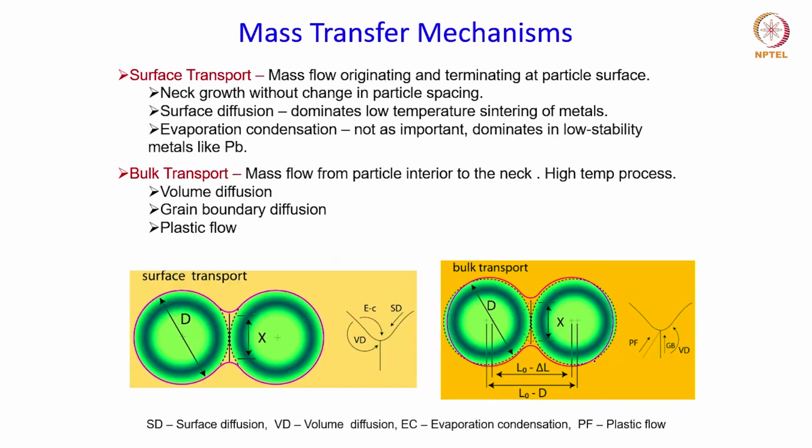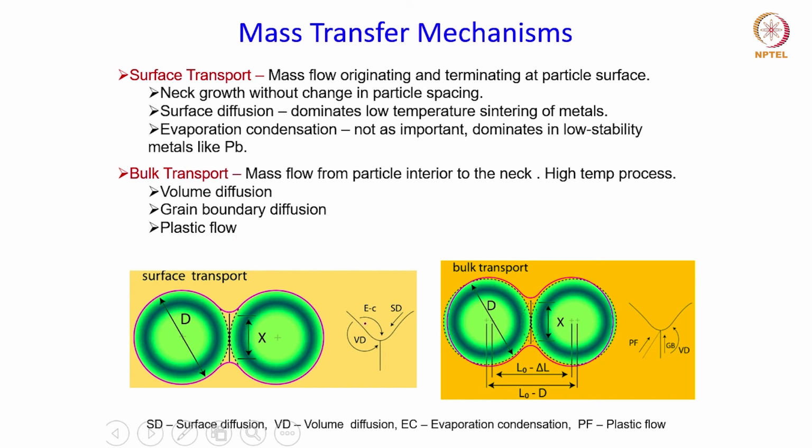So this atomic diffusion occurs through well-defined paths. Those diffusional paths are depicted in this diagram over here. These are basically the surface diffusion, the volume diffusion, which is one of the bulk transport processes. Then you also have grain boundary diffusion, where the transport of the matter occurs along the grain boundaries. And then you have plastic flow.